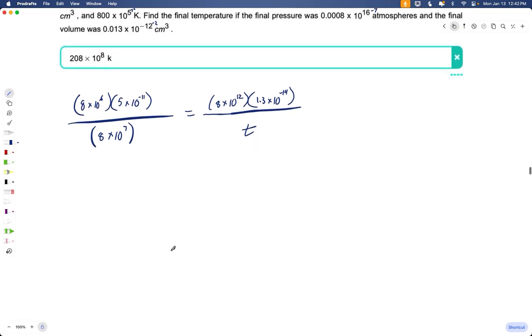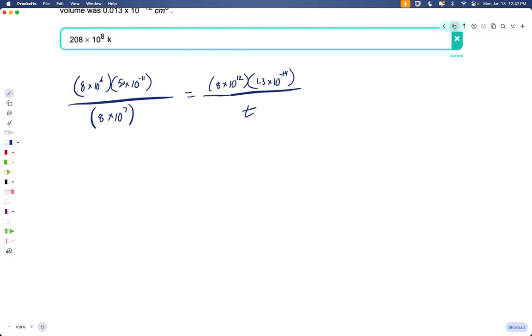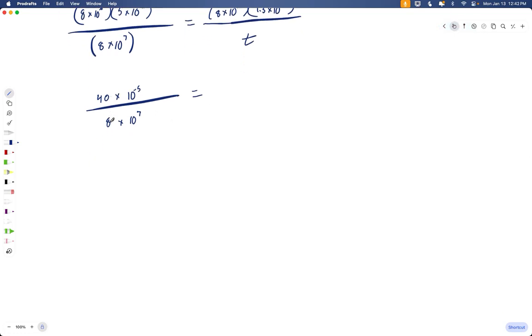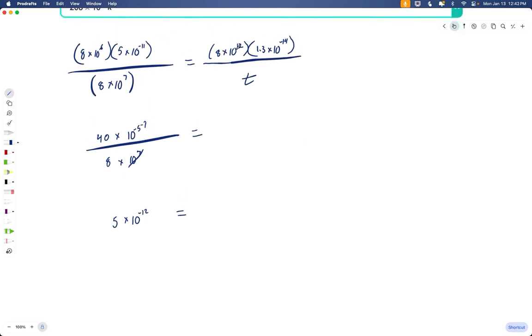Okay, so let's do multiplication in the numerators first. So that's going to be 40 times 10 to the negative 5 over 8 times 10 to the positive 7 equals, let's go ahead and reduce this. 40 divided by 8 is going to be 5 times 10 to the negative 12, because this would be minus 7. All right, so now we've got this fully reduced on this side. Let's do this side. So we've got 8 times 1.3.